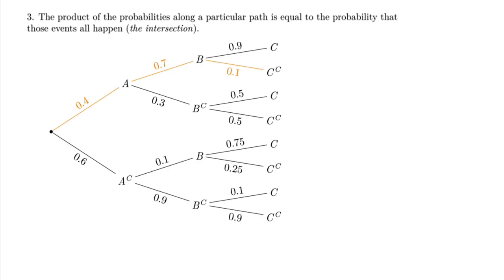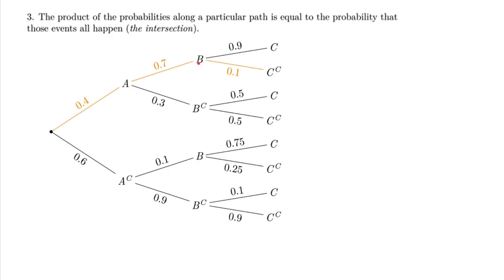All right, so let's see the third rule. The product of the probabilities along a particular path is equal to the probability that those events all happened. Okay? So think about your initial state here. Let's say that you take this path, meaning that event A happened. It had 0.4, a 40% chance of happening, but it did happen.